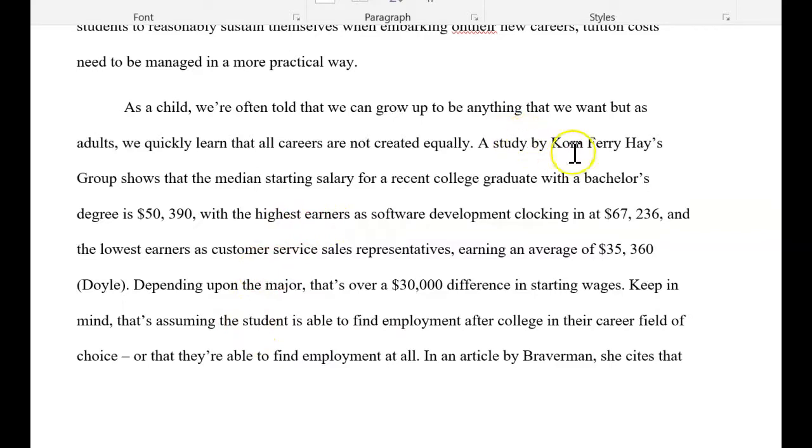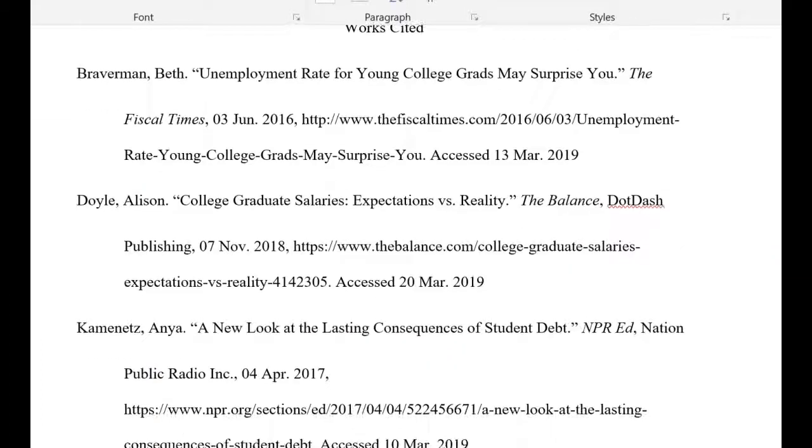Here's a case where the study is done by Korn Ferry Hay Group. I've seen that before, so I think it's some kind of think tank or research institute or something. Well, that's fine. So they've done the study. Here's what the study found. And then at the end of this, the parenthetical citation is from Doyle, because Doyle's the name on the works cited page that we've got to connect this to. So Allison Doyle has maybe read that original study, and she's the one who summarizes it. That's where our student found it, so Doyle's the one that has to show up there.